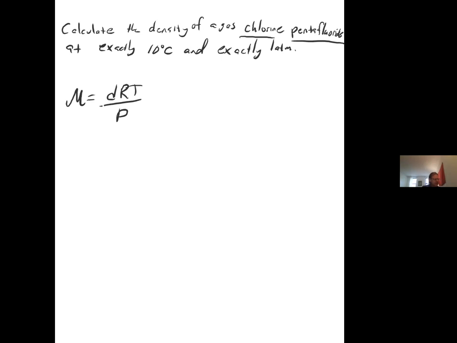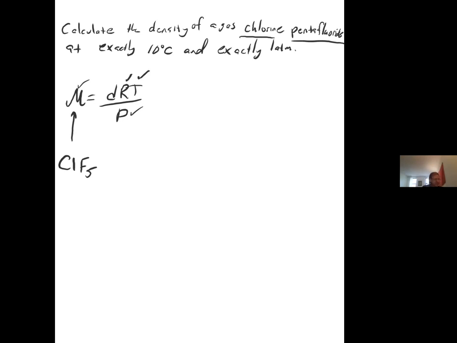You can use that equation because we know what the name of the gas is, so we can figure out what the chemical formula is and find out what the molar mass is, right? We know that this thing is chlorine, Cl, penta is 5, right? So ClF5. So we can find the molar mass very easily. We're given the pressure. We now have the molar mass. We know the value of R. We're given the temperature, and you can find the density. So that's a perfectly fine way to do it.